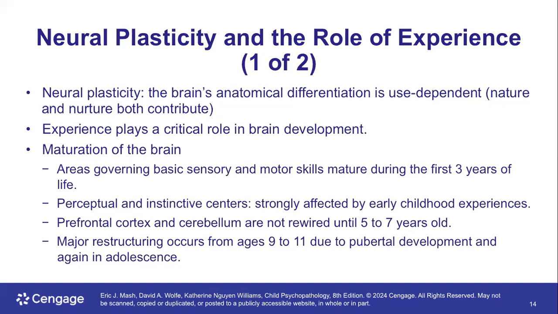So if we look at the maturation of the brain, basic sensory and motor skills develop within the first 3 years of life. When we think of perceptual or instinctive centers, that's early childhood. And then the prefrontal cortex and cerebellum are not rewired until about 5 to 7 years old.